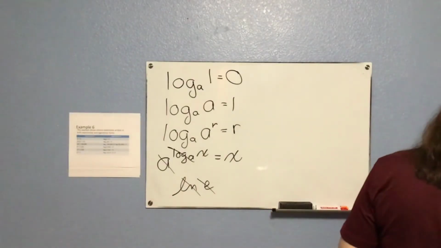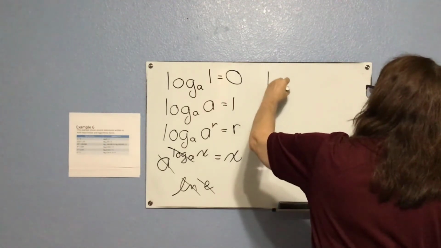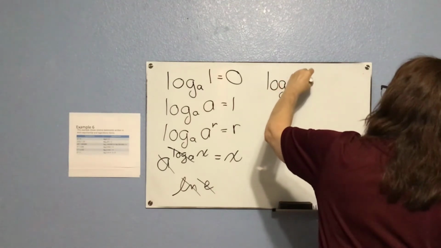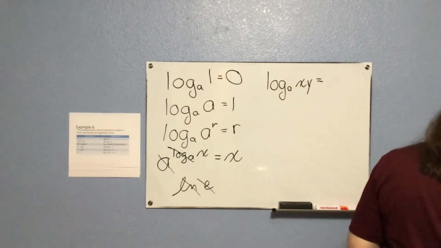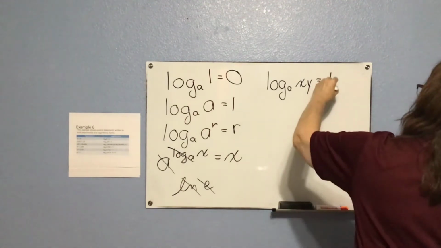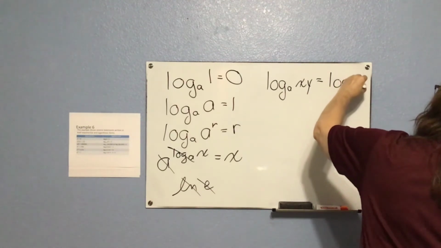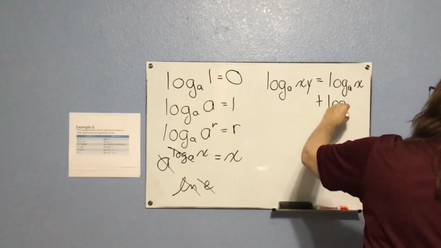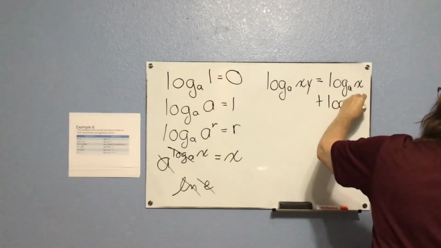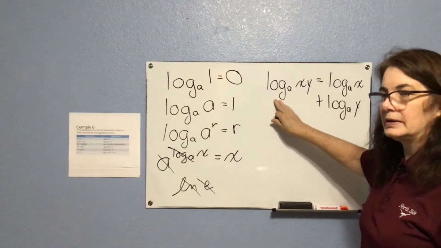Let's look at a few more properties. If I have log base a of xy, I can split that up into the log base a of x plus the log base a of y. Remember that a logarithm is an exponent.